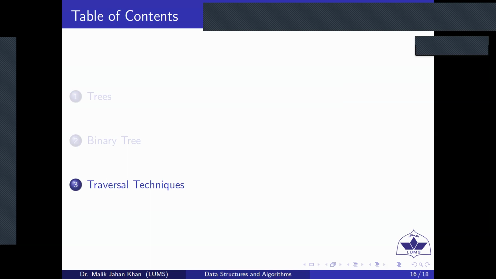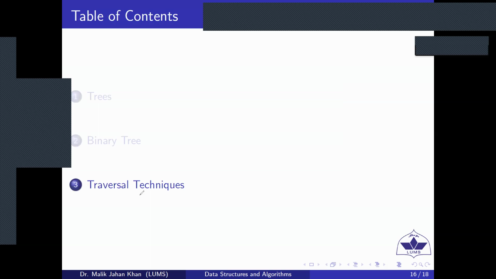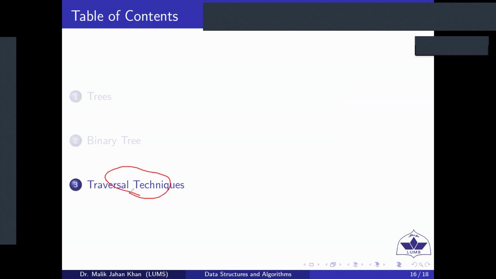By traversal technique, we mean how we can walk through the tree and access different nodes. Because it is a non-linear data structure, there could be different ways to walk through the tree, and those are the techniques we are about to understand right now.